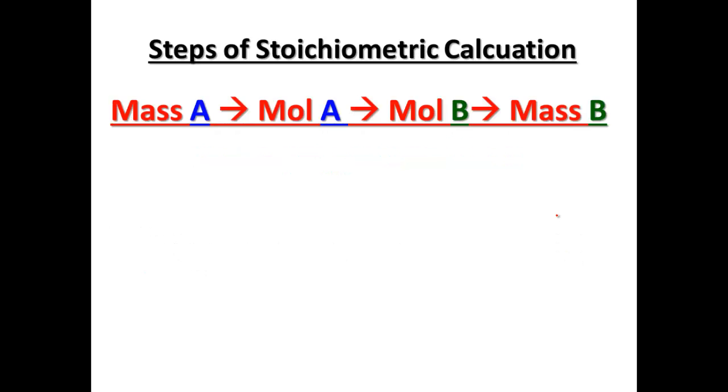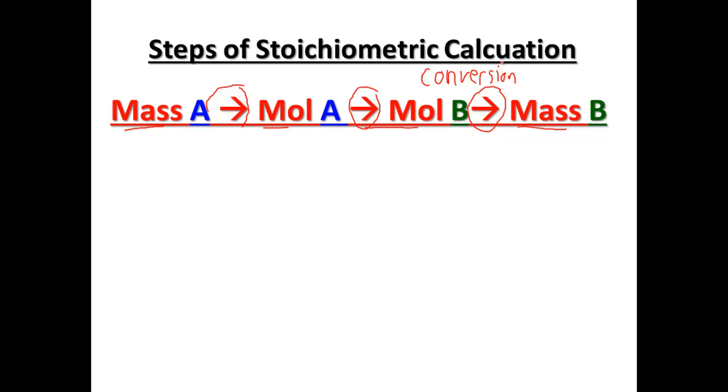So our big steps for calculating is we're going to learn this idea of mass, mole, mole, mass. That's going to be our big idea. Each one of these is a conversion between one unit and another.